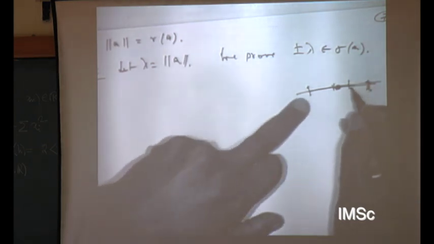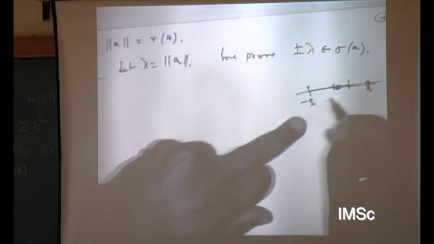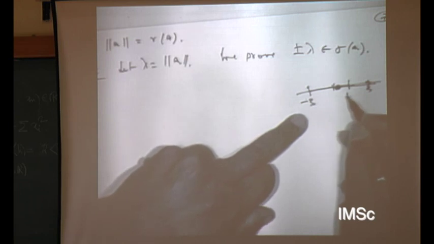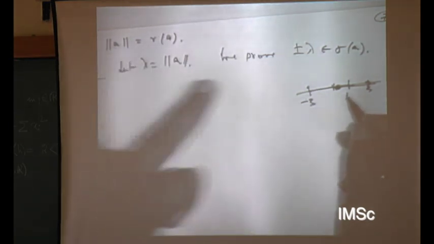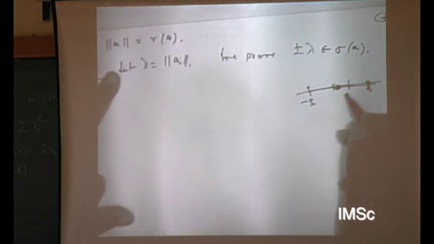Suppose the spectrum is the interval from -3 to 1. Then the spectral radius is going to be 3.